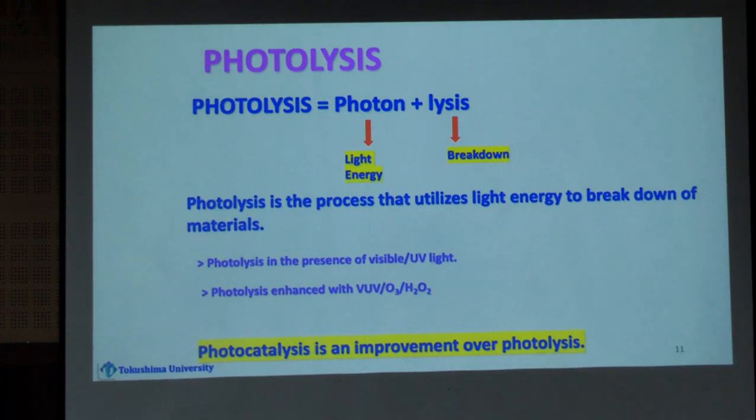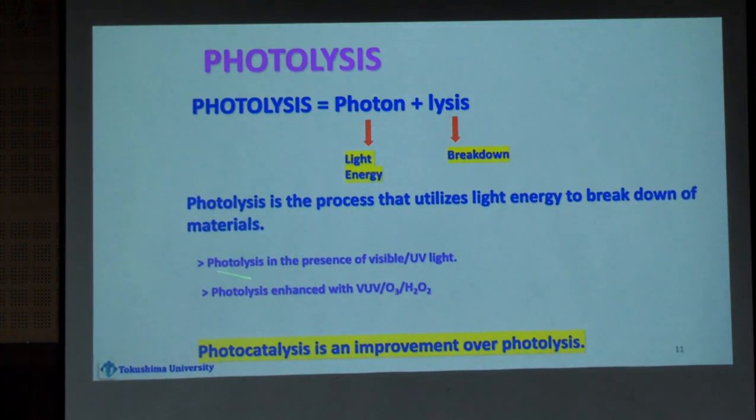So this is the basic term, okay? Now you understand what photolysis is. Photolysis is the process that uses light energy to break down materials. When you break down the material, as I told you, contaminated water consists of organic pollutant, so if you want to break down those materials, such a process is required.